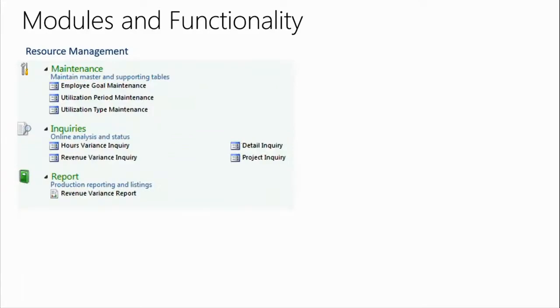The next is resource management. Resource management allows us to look at the utilization and set up utilization rates for people. So maybe I need to set up that 70% or 60% is the rate that we need to maintain. Set that up in the system and be able to track against it. You know, how many hours are these people working against the percentage that we told them needed to be maintained as billable.